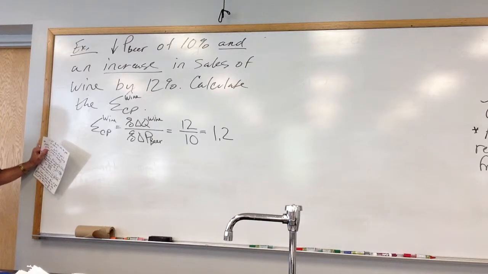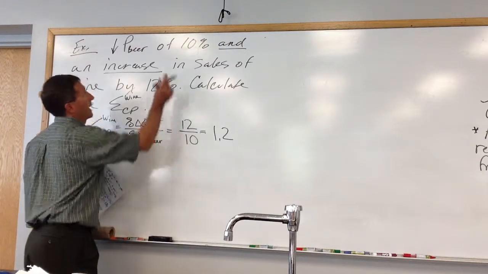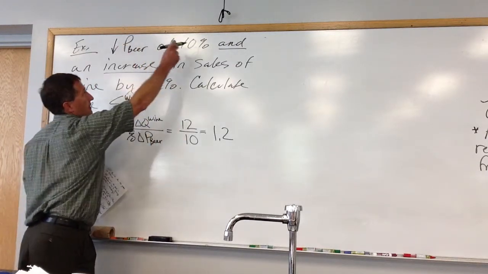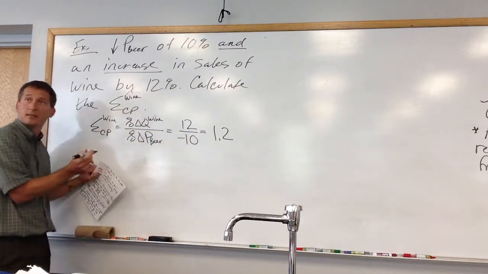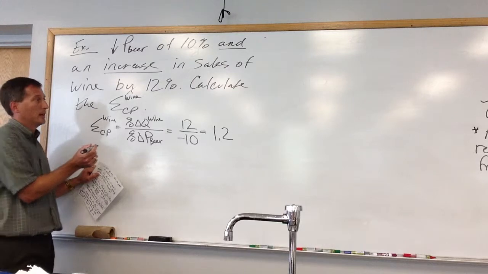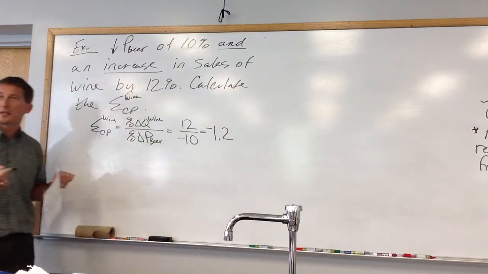Negative, why? Because the price of beer went down, while the quantity of wine went up. So there's a negative relationship. We had a decrease of price, which would be reflected in a negative 10. Which gives us an overall negative 1.2.